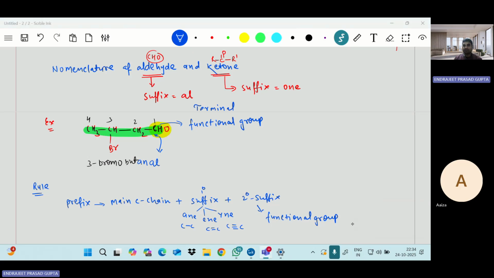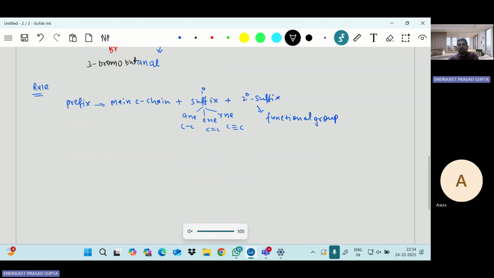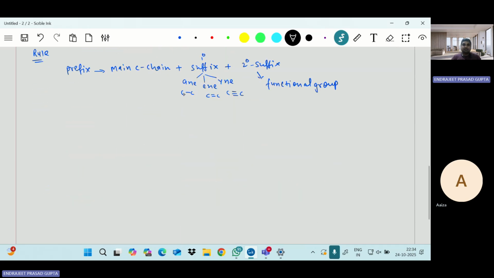For aldehyde, we will use al. For ketone, one. For carboxylic acid, oic acid. And out of all these three, carboxylic acid is the senior functional group. This is the rule, and we have to follow it for the nomenclature.